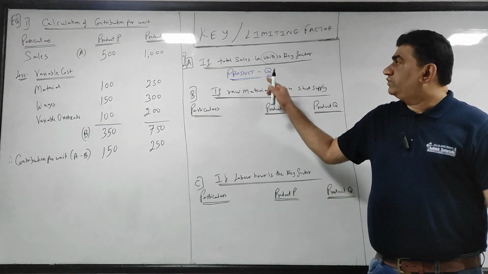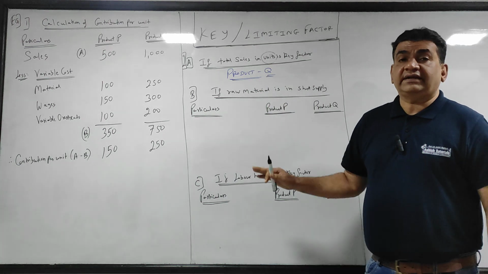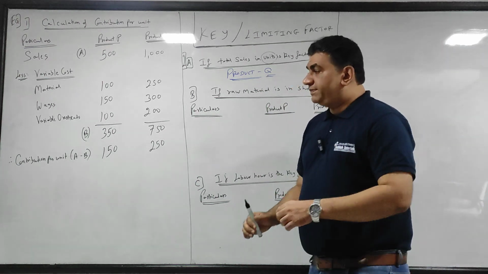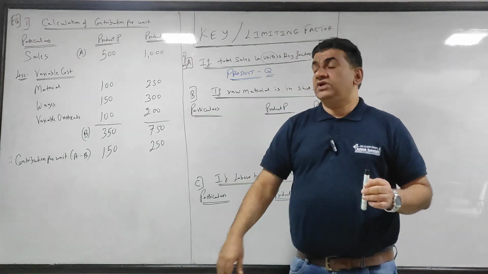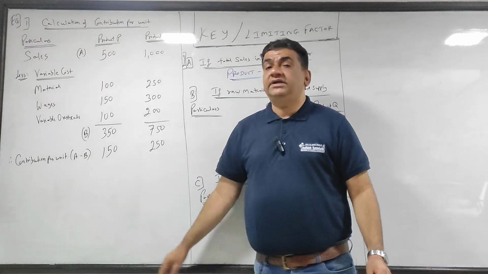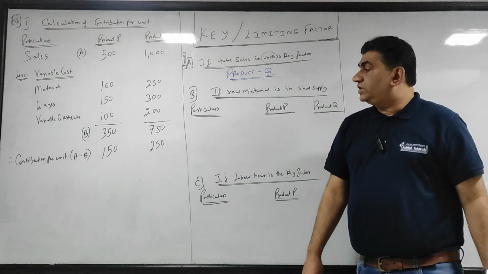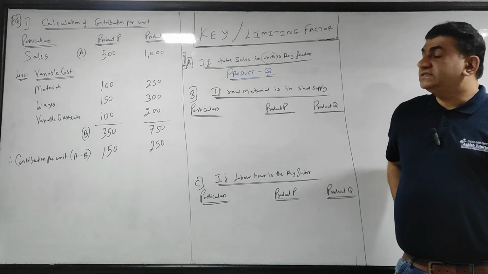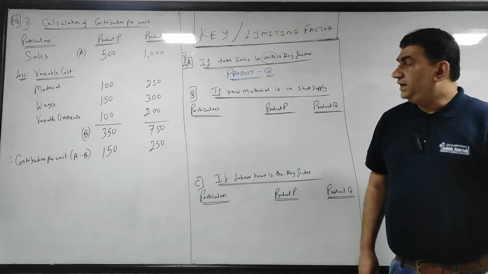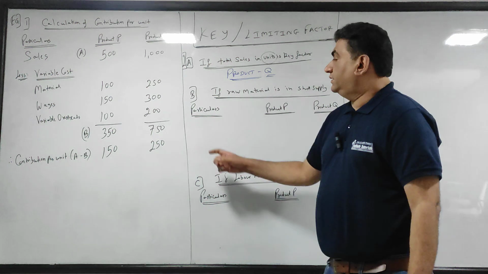Got it? So when sales in unit is the key factor, prefer that product जिसका contribution per unit is higher. Got it? चलो, coming to the next part.